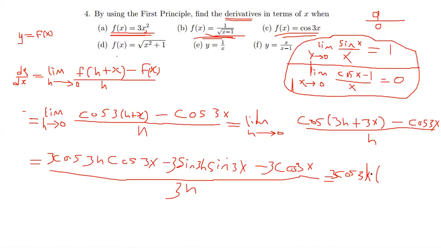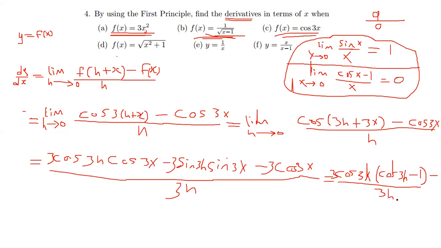Okay, so let us write now this. I'm going to have 3h there, cos 3h, and then minus 1 there. Then open brackets, the space here is too small, so I'm just going to write a minus there, and I'll proceed from this side. Everything here is divided by 3h.